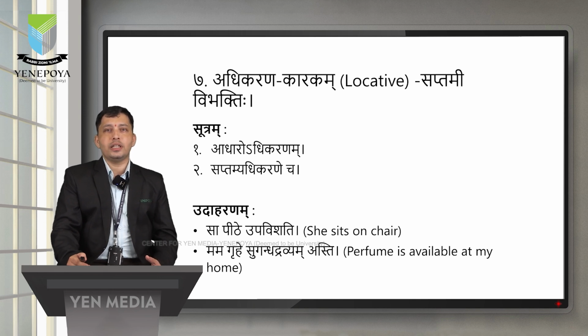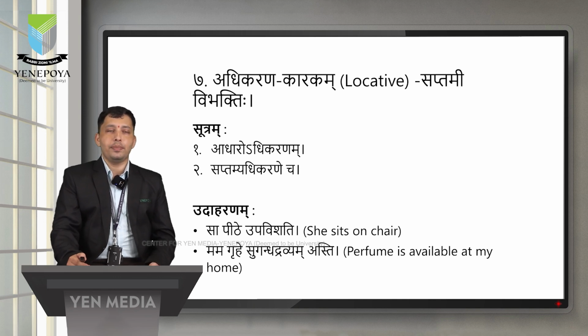The word which represents the base or support in a sentence gets Adhikarana karaka, and that word is always in Saptami Vibhakti, as the sutra Saptamyadhikarane says.